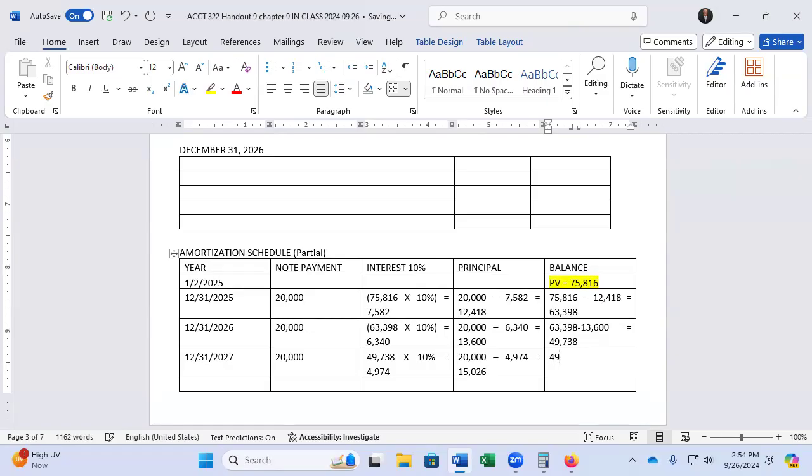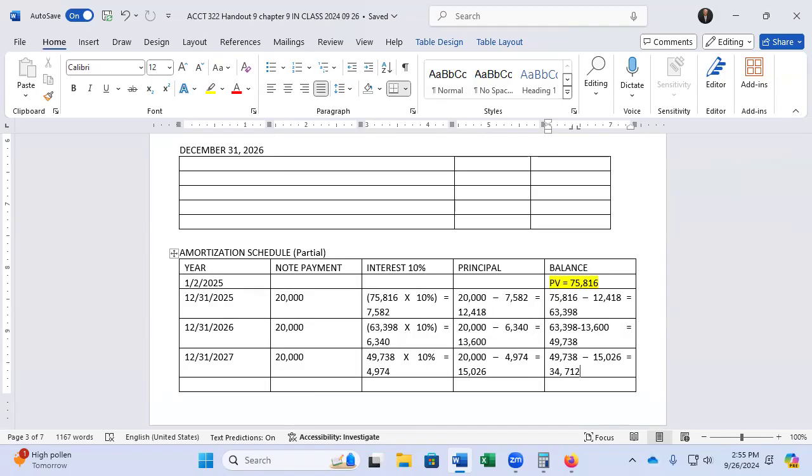And so now we have 49,738 minus 15,026. 34,712. All right. And so we would expect over the next 2 years, 2028 and 2029, when the last payment is, that this will go down to zero. And that's because we're making payments on it.